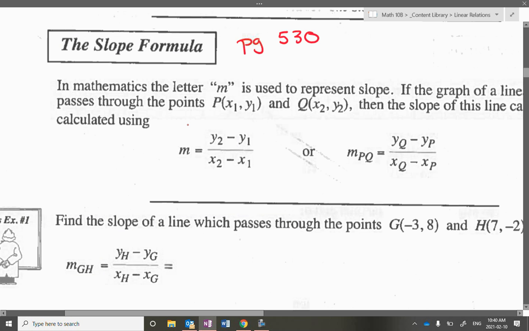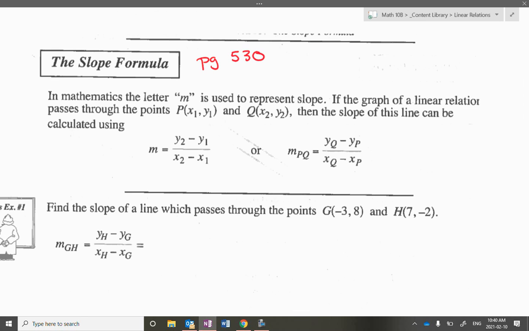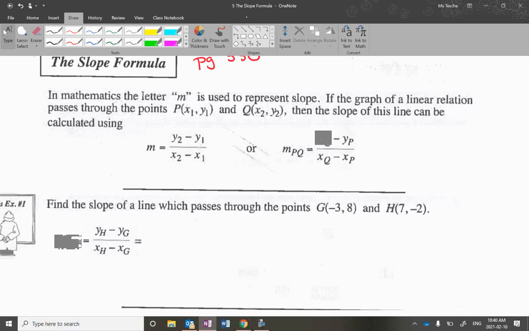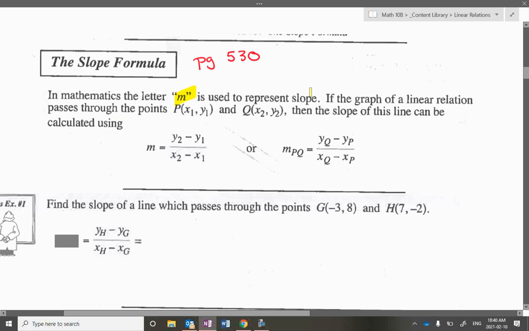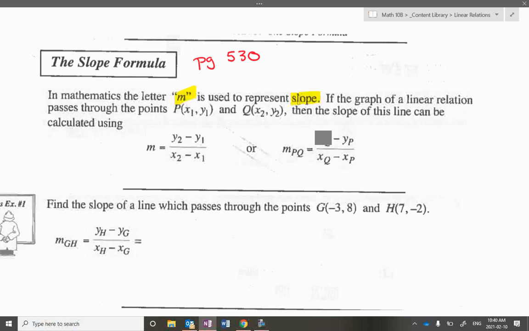No. Okay. So we call the slope M. We use M because an S often looks like the number 5 and people have very messy printing and that causes confusion. So M represents your slope, just like L represents your length, right? We're just talking about an equation.